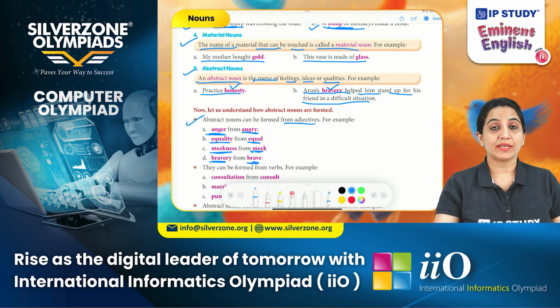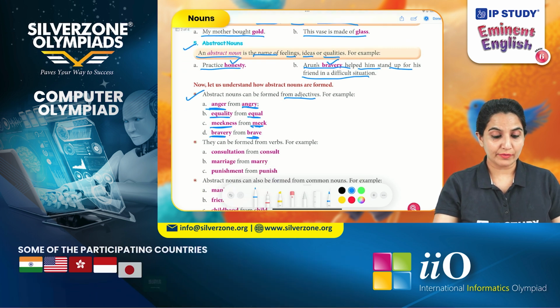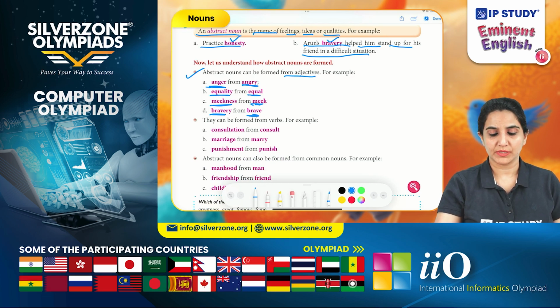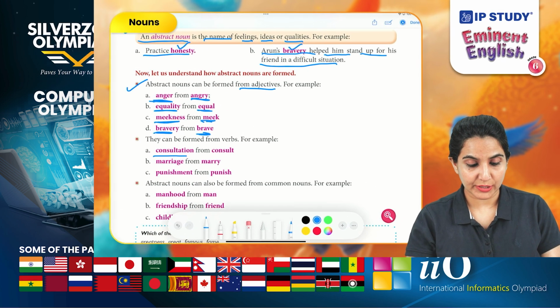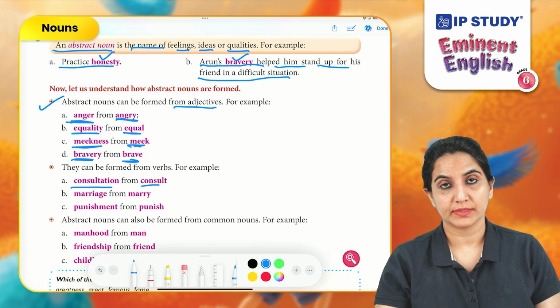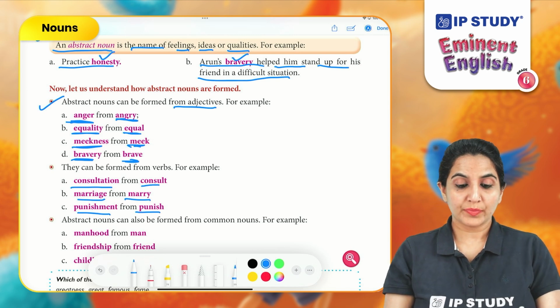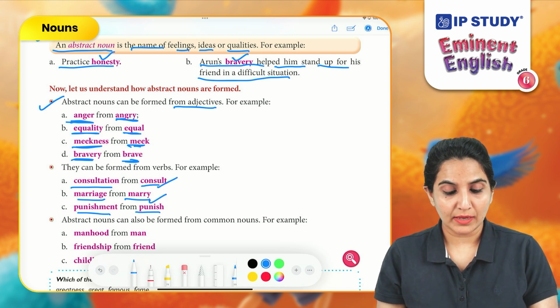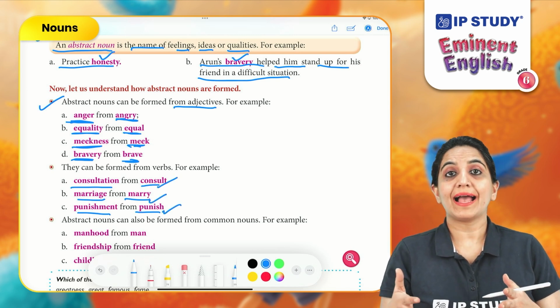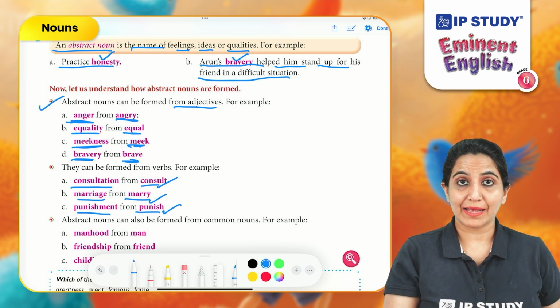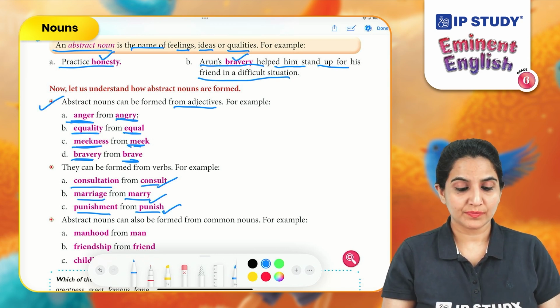So, we can form abstract nouns from adjectives, and we can also form them from verbs like consultation from consult, marriage from marry, punishment from punish. So, consult, marry, punish are verbs, these are action words. But how can we make abstract nouns from verbs?